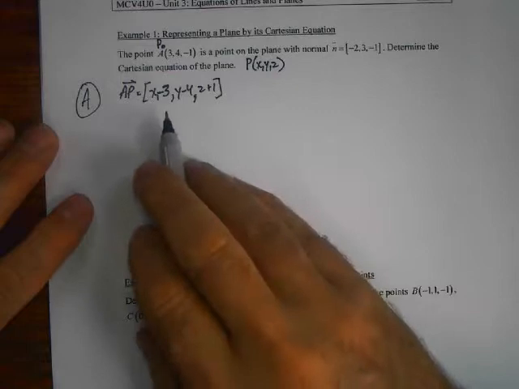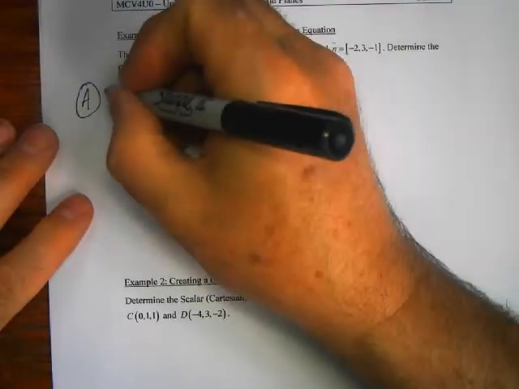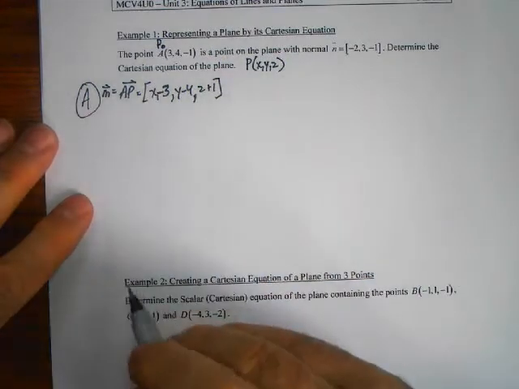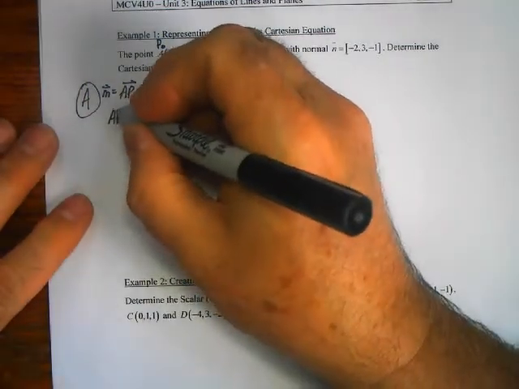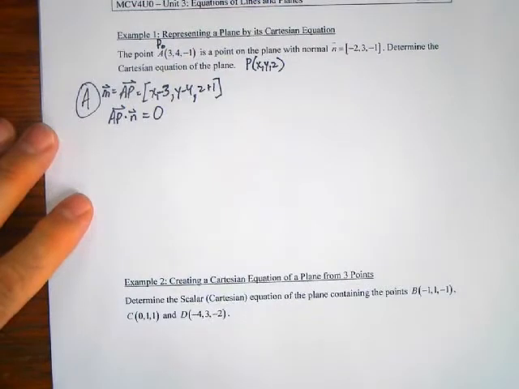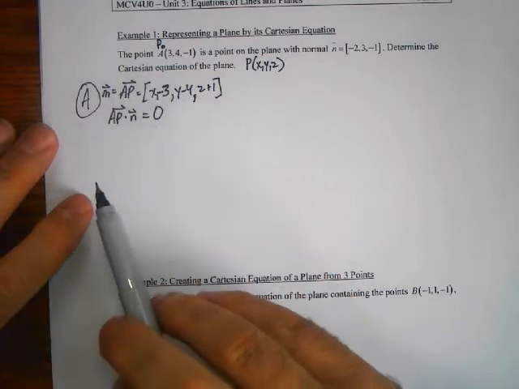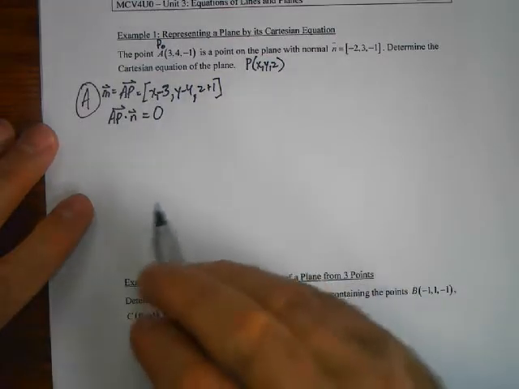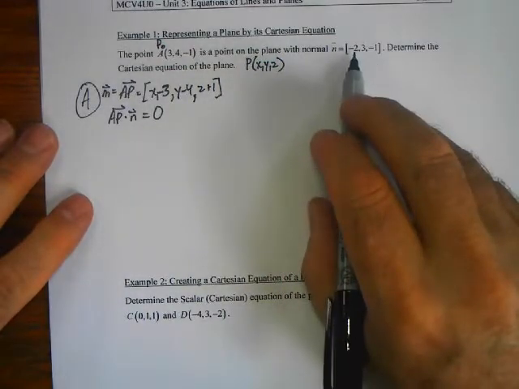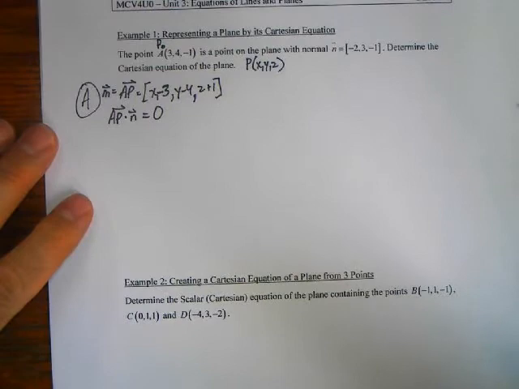Now, we've got the normal of the plane, and I'll call this direction vector M, to let you know it's a direction vector. If I do a dot product between AP and N, AP dot N, that has to equal 0, because if we do the dot product between the normal and the direction vector, the result should always be 0. So remember, these are the three components of the normal.